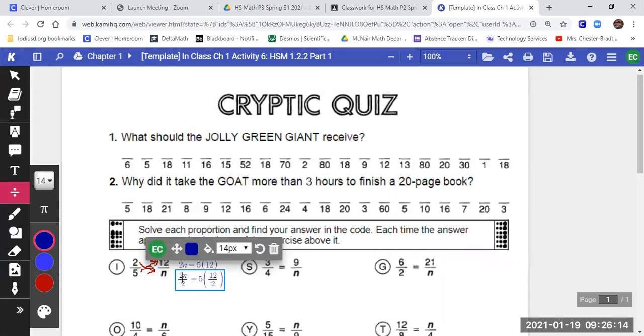All we have left on the left side is n, because 2 divided by 2 makes what number? What's any number divided by itself? 1. And so if I multiply by 1, does that change anything?